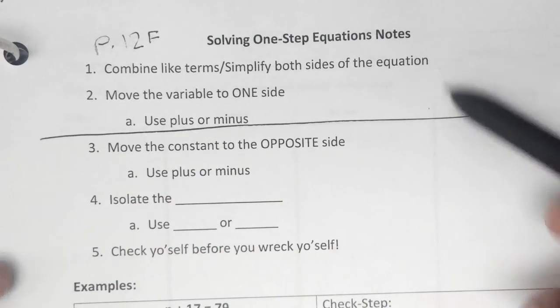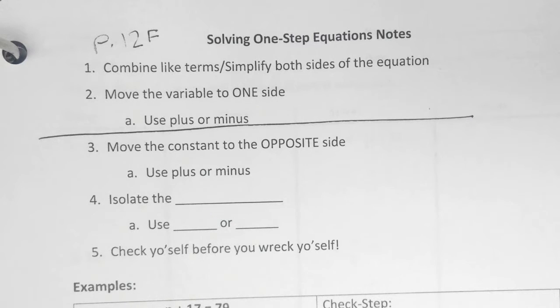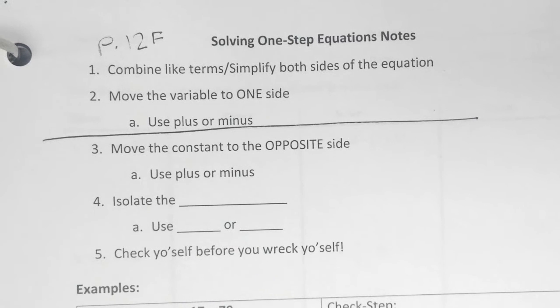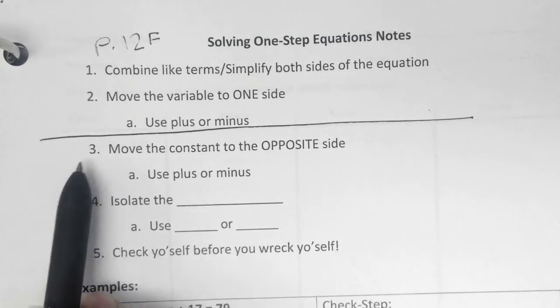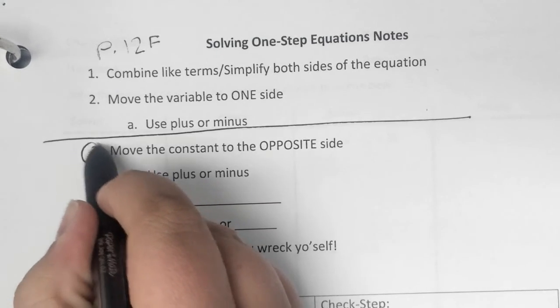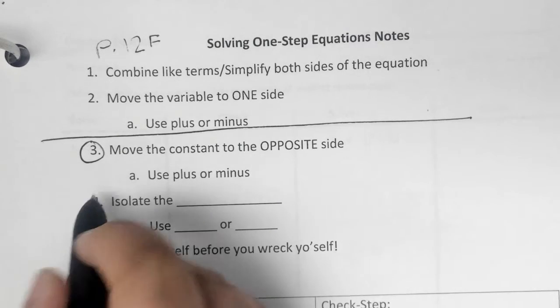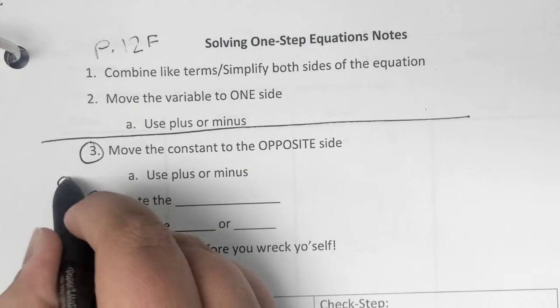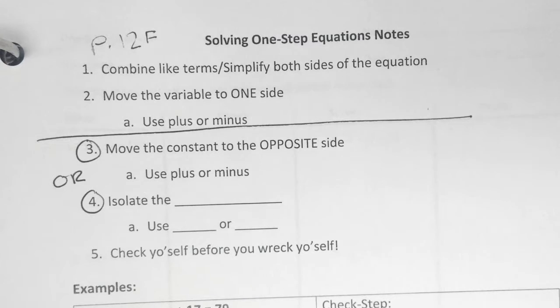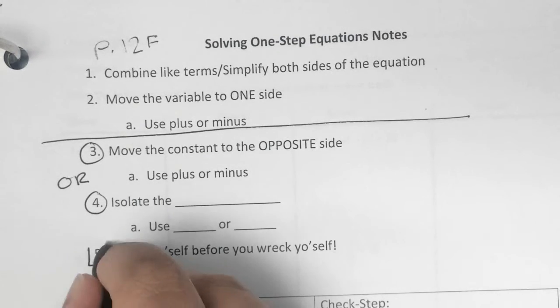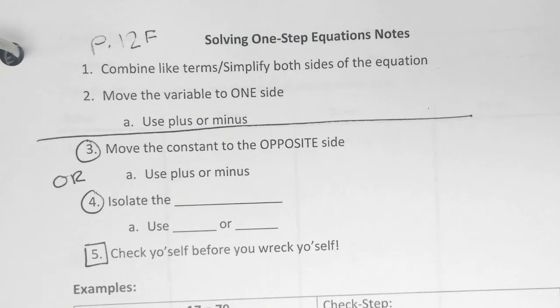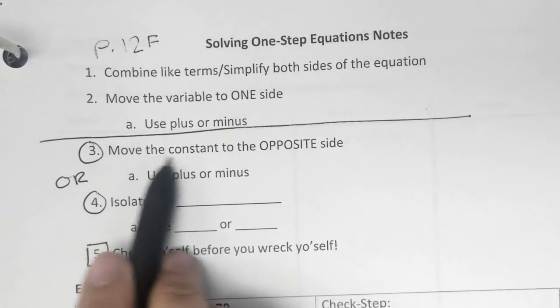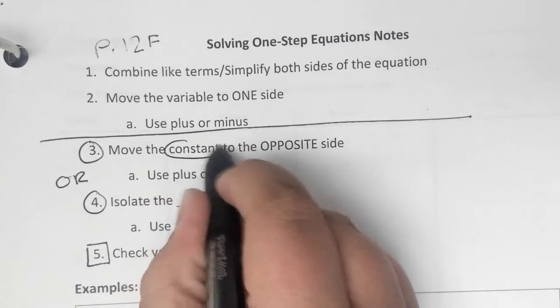You'll see these next week when we start reviewing two-step equations and multi-step equations. Today we're either going to complete the third step or the fourth step, and then we're definitely going to do the fifth step. So we will use the third step if we have a constant.